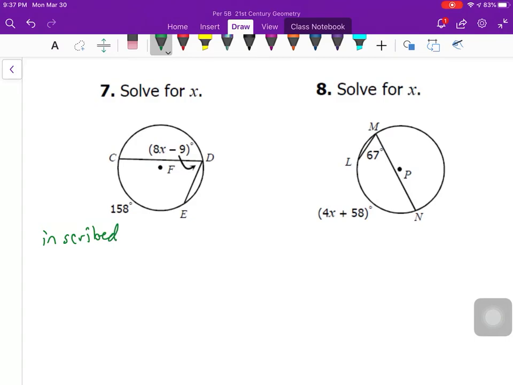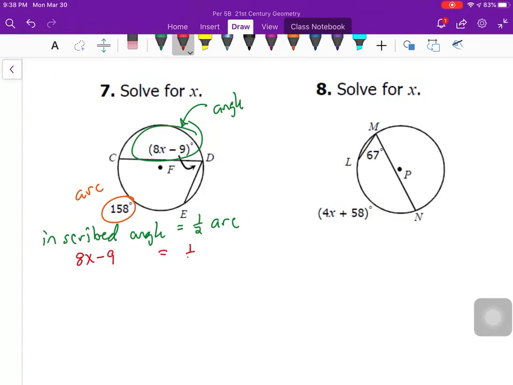Number 7. So in number 7, I know the inscribed angle equals half the arc. So here's the angle. And here's the arc.